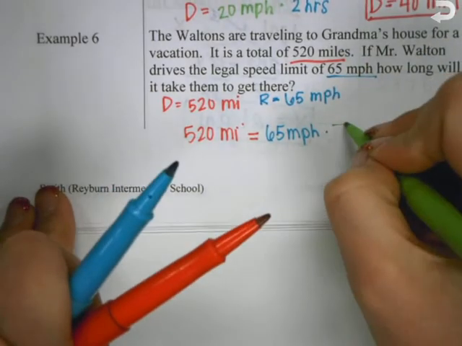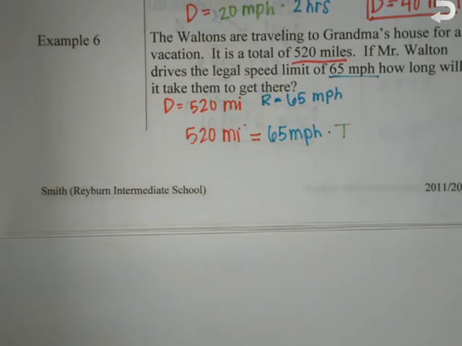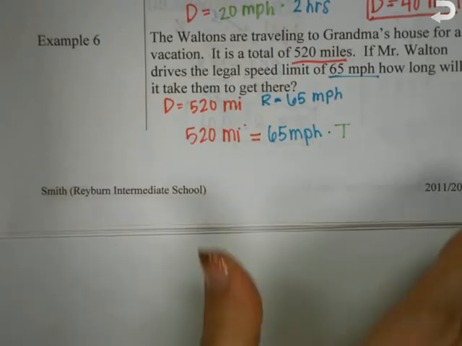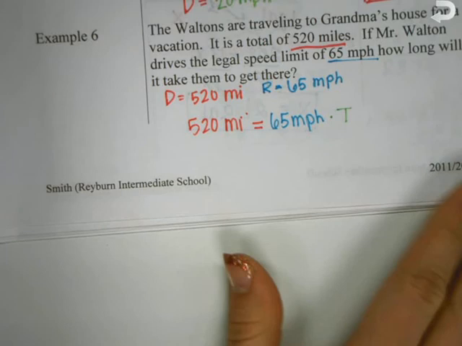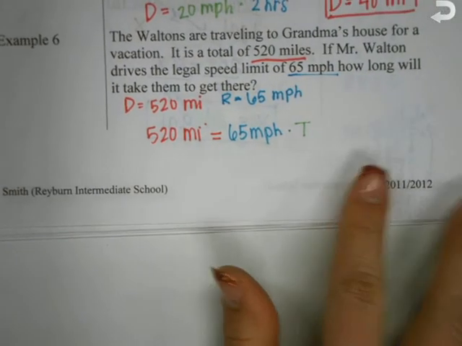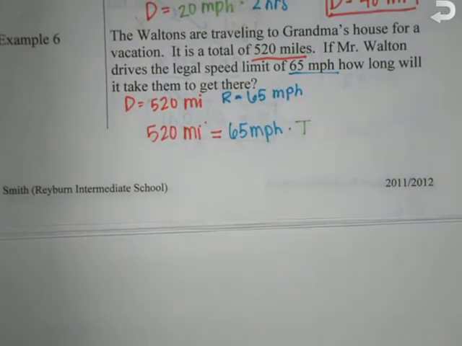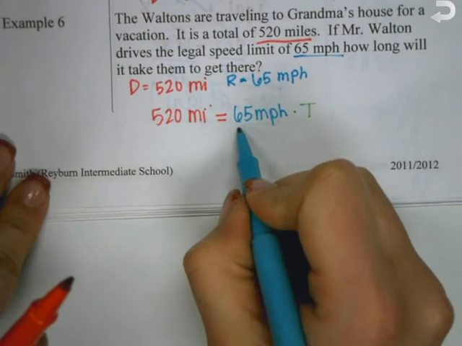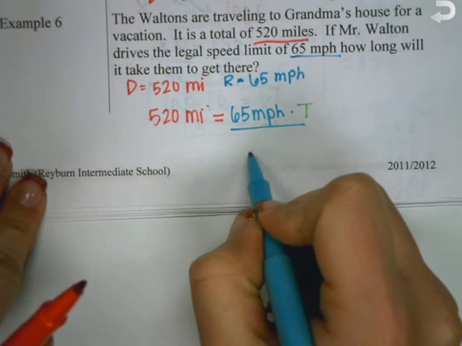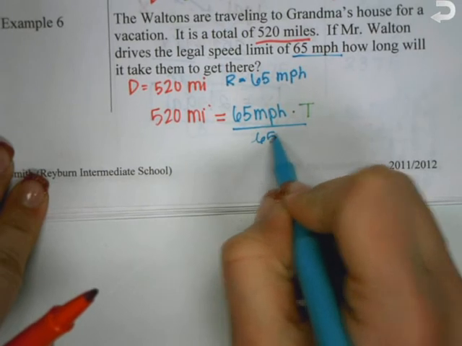Okay, so what am I going to do here? How do I solve for t, Matthew? Divide by? I divide both sides by 65 miles per hour. So those are going to cancel, right? And I would get t equals, what is 520 divided by 65?